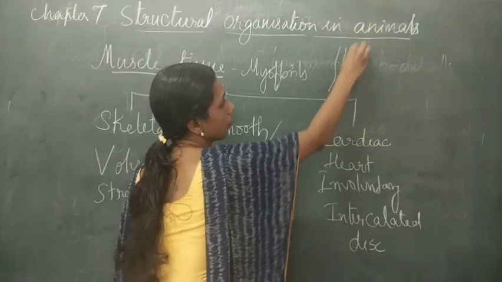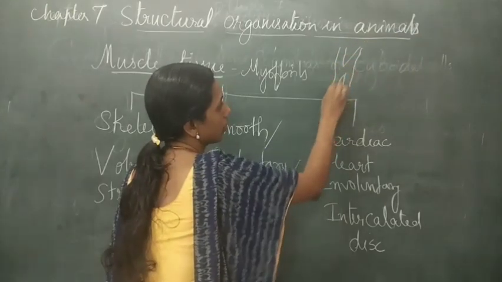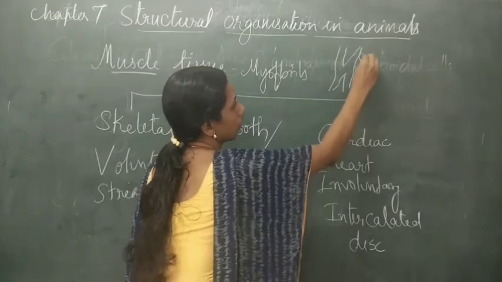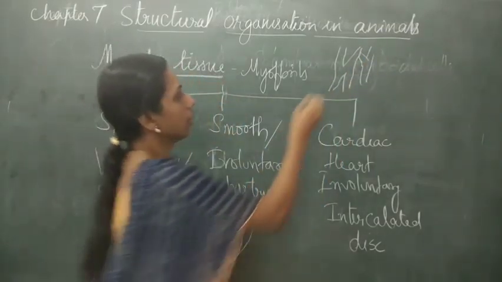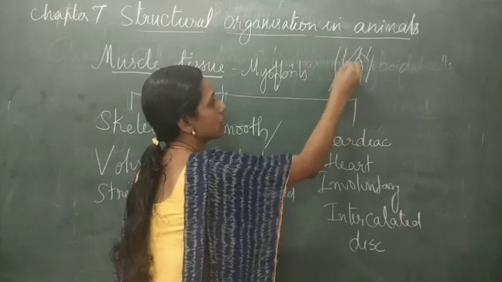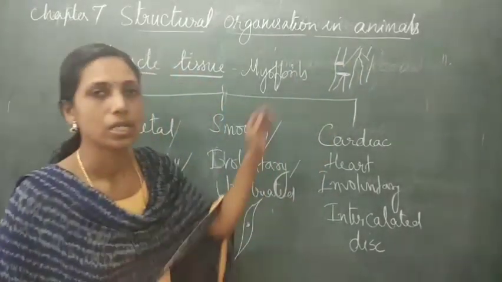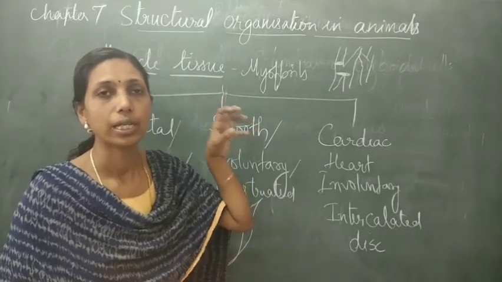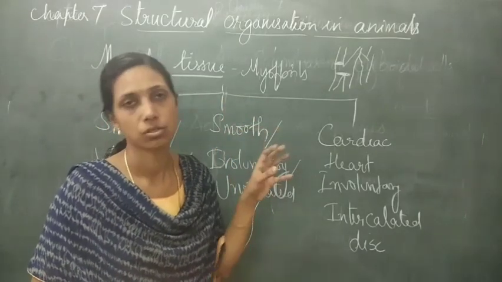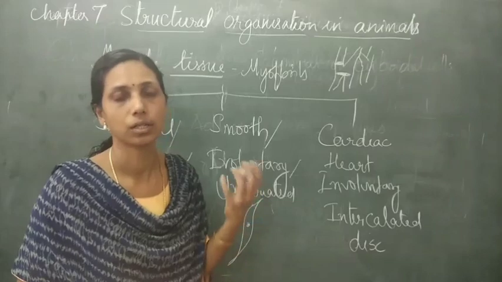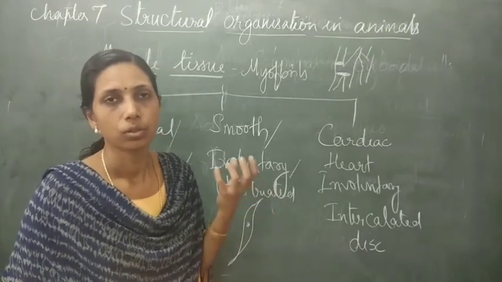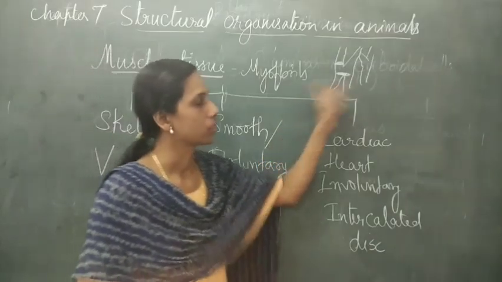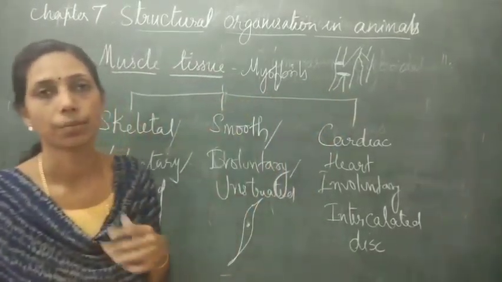So they show branching like this, and at certain places we find these intercalated discs. These structures actually increase the speed of conduction of the impulse. The heart is beating fast, so impulses should reach all parts of the heart. For this fast conduction, intercalated discs are present between the cardiac muscles.